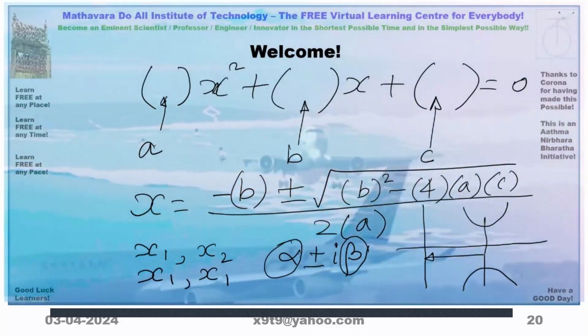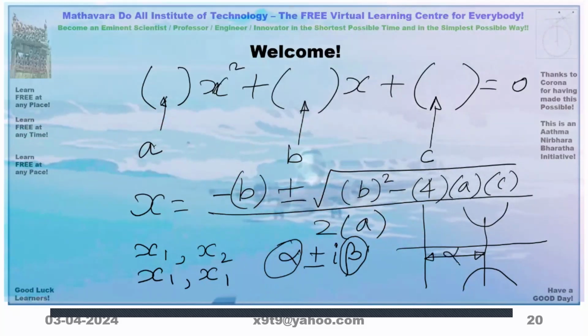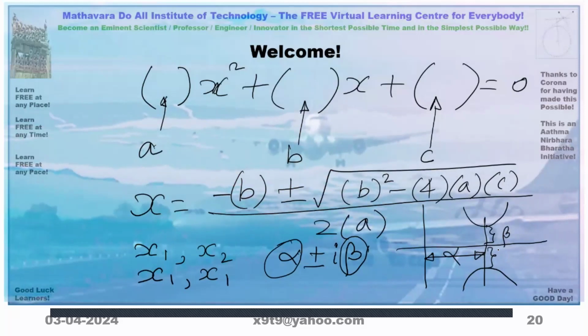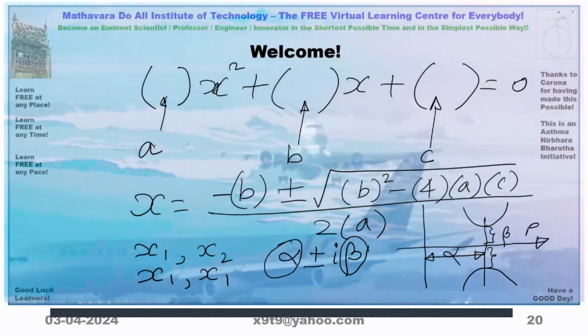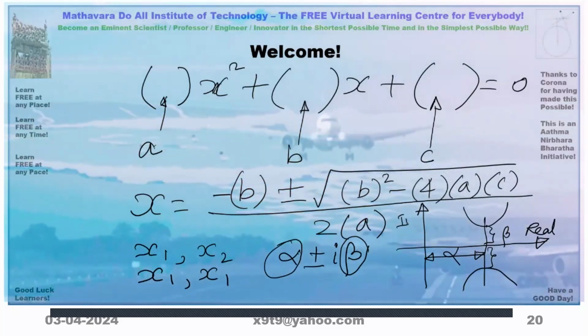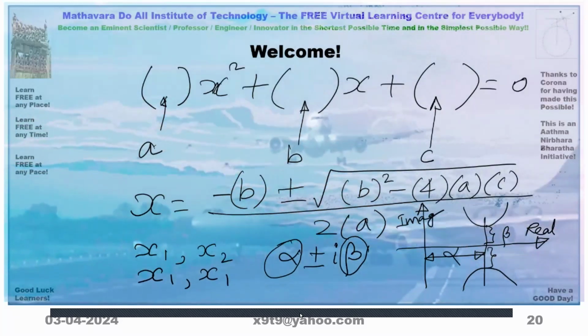This distance is alpha, and this distance or this distance is called beta. This axis is called the real axis. This axis is called the imaginary axis. That is a subject of what is called complex mathematics.